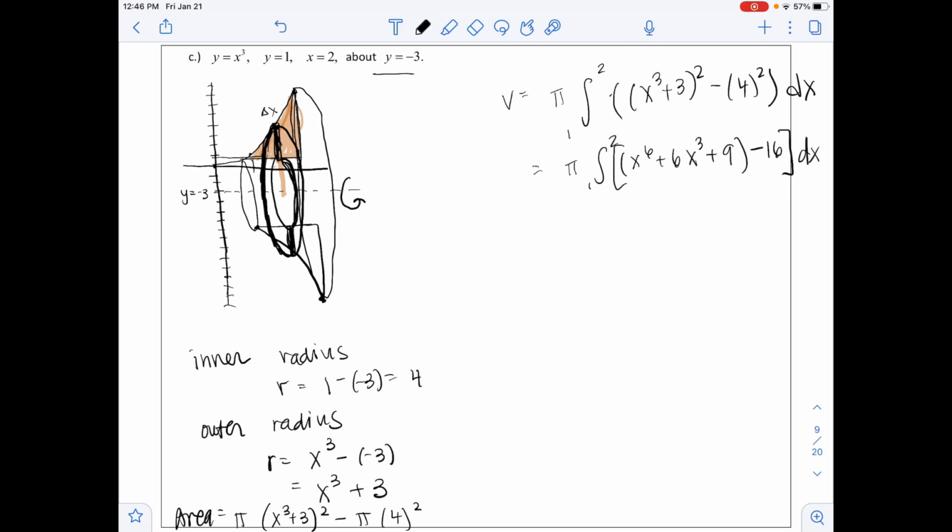And then continuing to simplify this, combining our like terms, we're going to end up with x to the 6 plus 6x cubed, and then 9 minus 16 is going to become -7, and then dx.